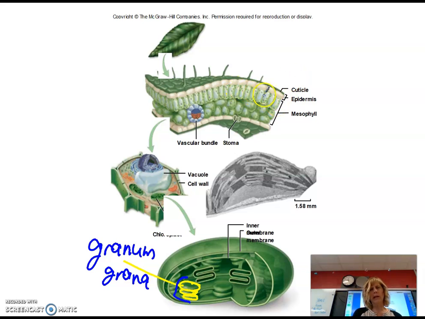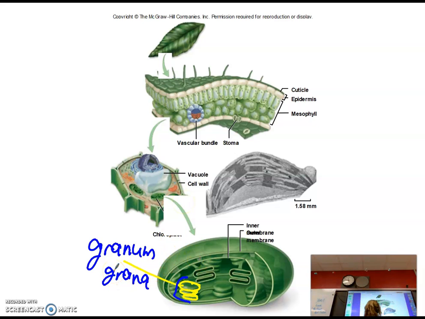You'll notice that this is kind of cool. They're very tall and thin. This allows more cells to be present along this surface, so there are more cells able to do photosynthesis with this structure as opposed to the structure that we see on the inner part of the leaf. So that's important as well.